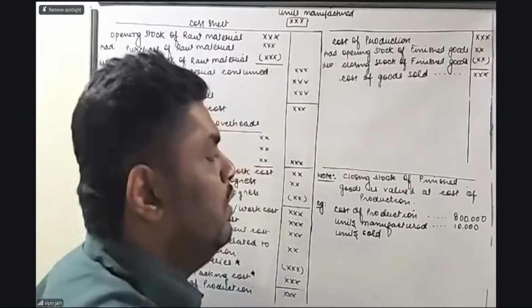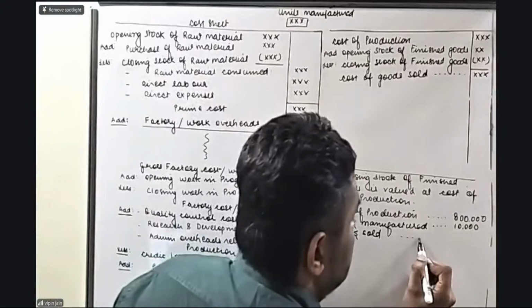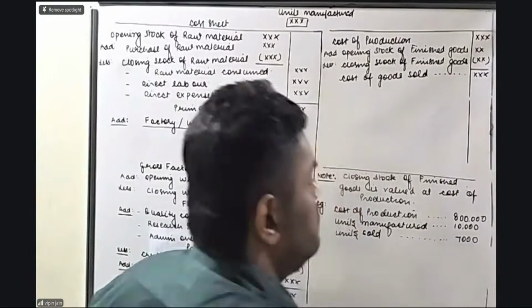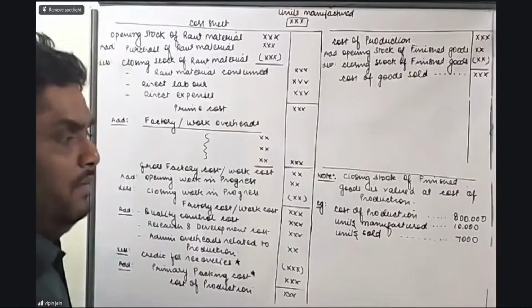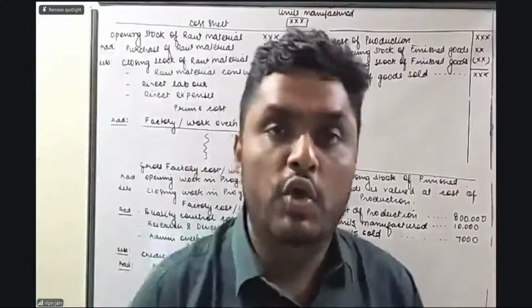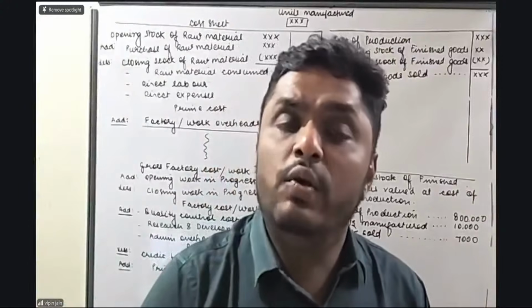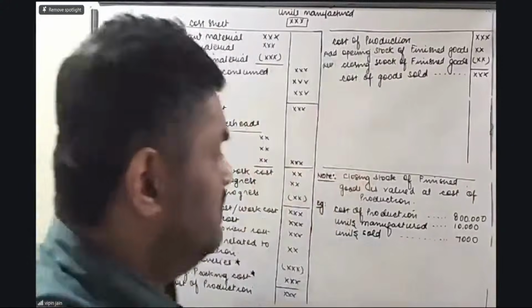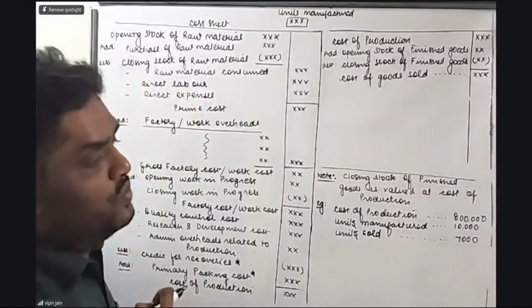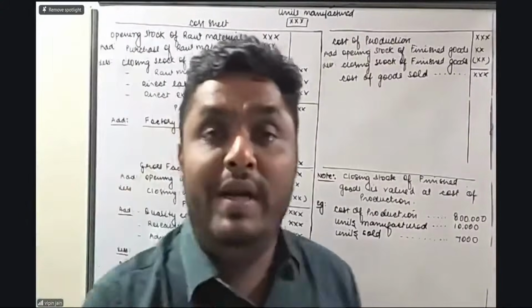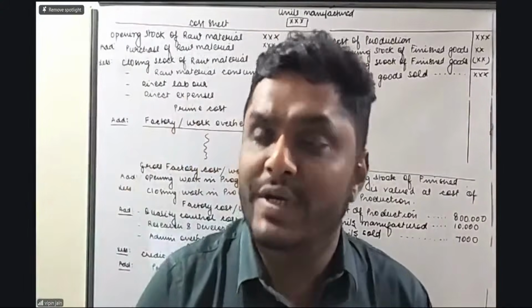Units sold were 7,000 units only. Can you guys calculate the cost of goods sold? Can you guys calculate the cost of the goods that are actually sold?